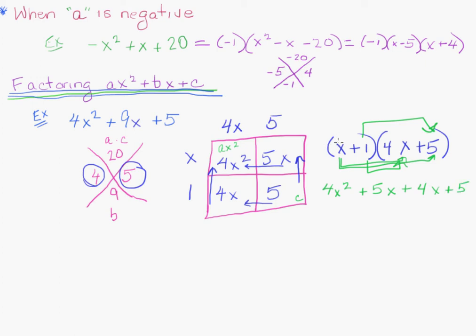And if I simplify the two like terms, I get 4x squared plus 9x plus 5. And so we are correct. So the factorization of this, the answer you would give would be x plus 1 times 4x plus 5.